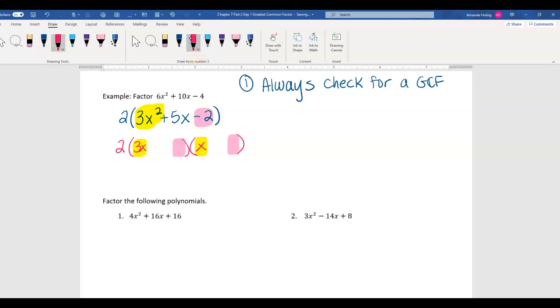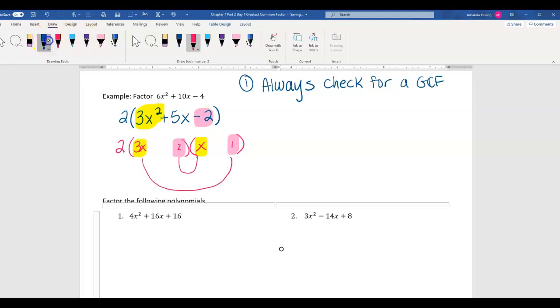Okay, so I'm going to lightly go ahead and just take a guess and put them in. If I put a 2 here and a 1 here, I'm going to check that little nose and that mouth. And what happens? Let's see. I get a 2x here and I get a 3x here.